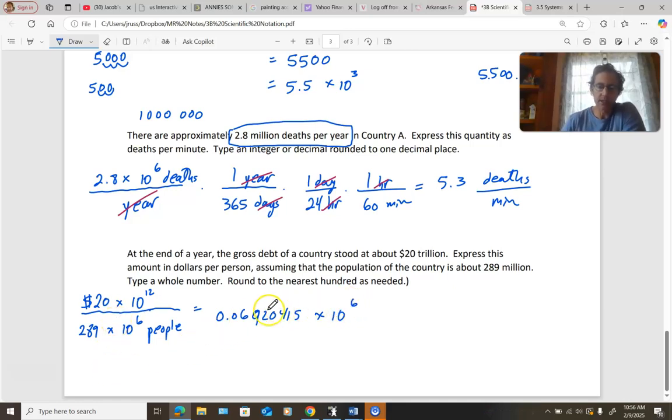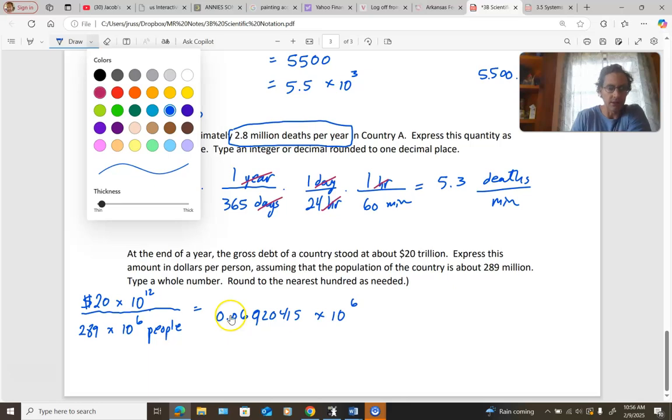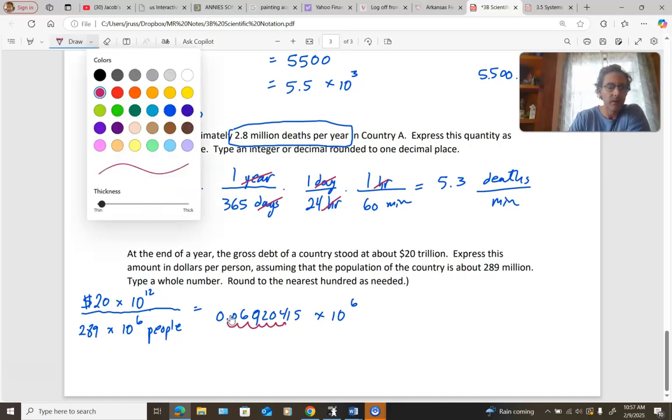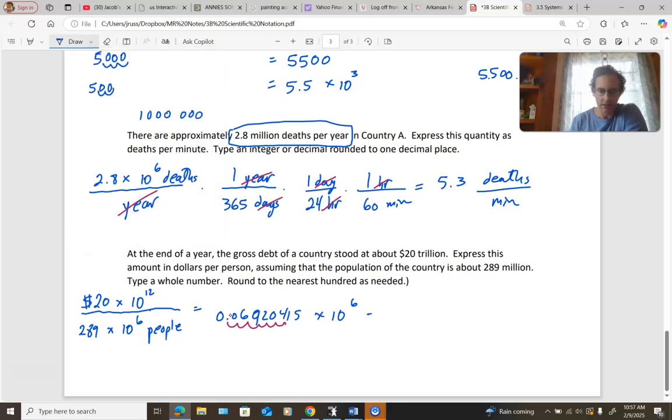So this 10 to the 6th is going to move this decimal to the right 6 places, because this number's got to get bigger, because 10 to the 6th is a million, which is a big number. So if I move it to the right 6 places, 1, 2, 3, 4, 5, 6, this would become 69204, that's where the decimal goes, and then the 15.